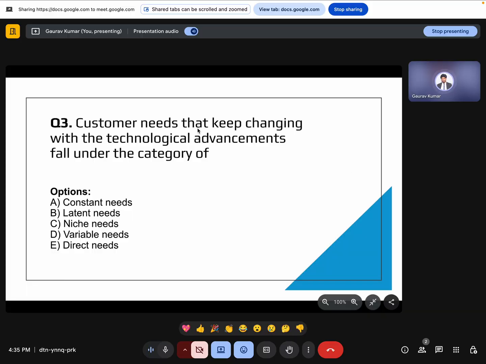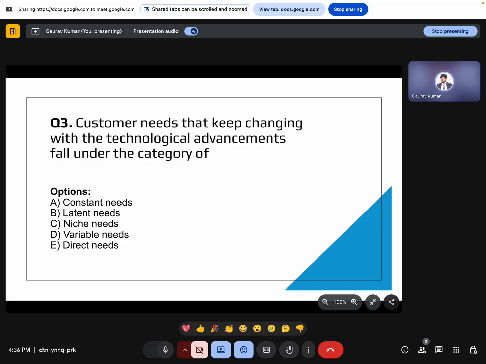Next, customer needs that keep changing with technological advancement fall under the category of what? Customer needs can be divided into categories depending on whether they remain constant, hidden, or change over time. Variable needs are those that evolve continuously with technology.